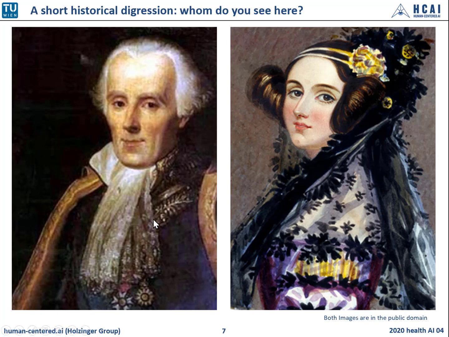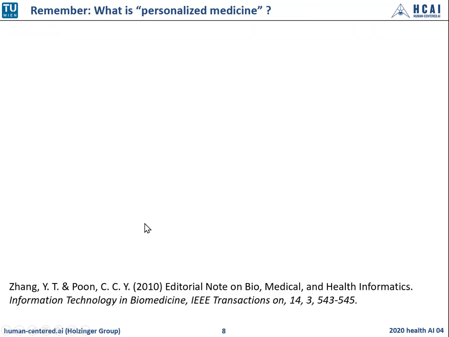Okay, after our first warm-up round, we proceed with our lecture. So, as just a reminder, can you remember what is personalized medicine? So what we mean with the term personalized medicine, we have used the term several times. Maybe you can still remember generalized medicine, one therapy, one treatment for everybody, for all.